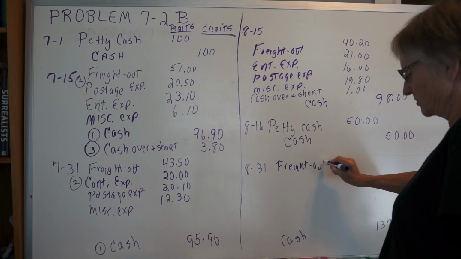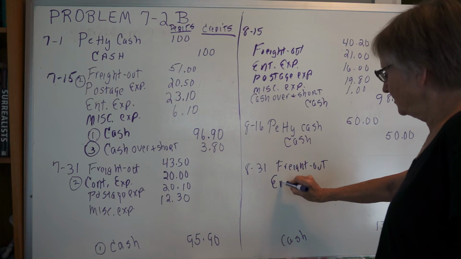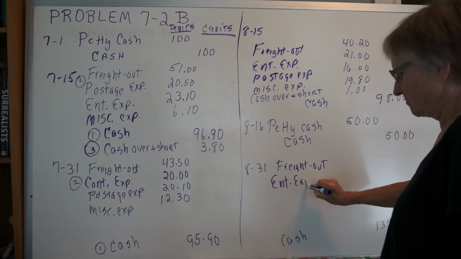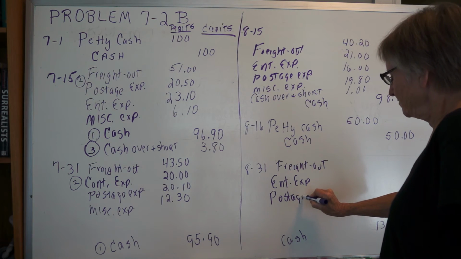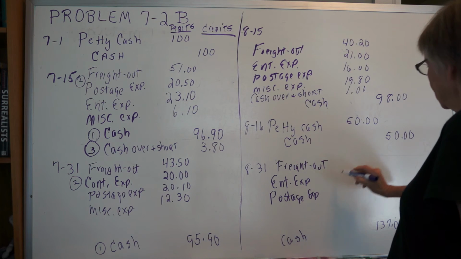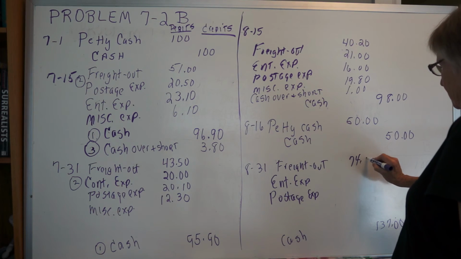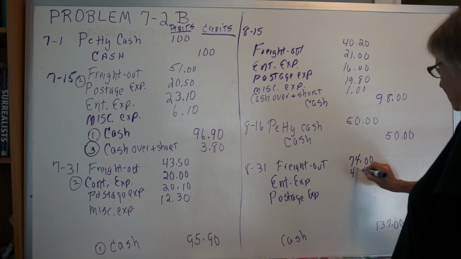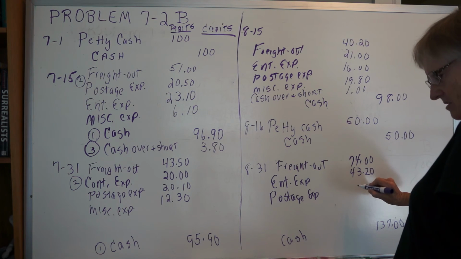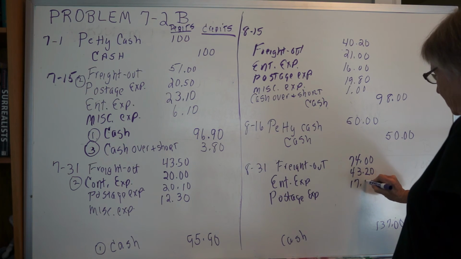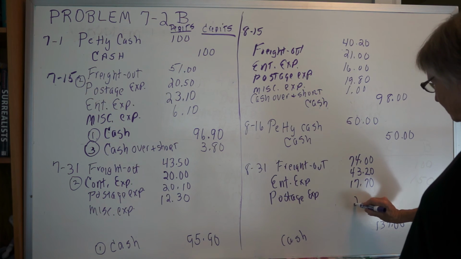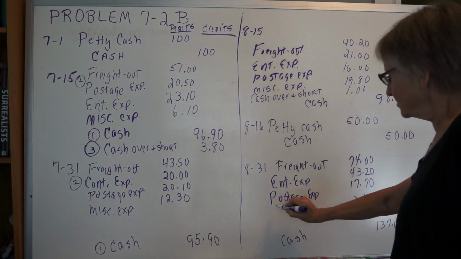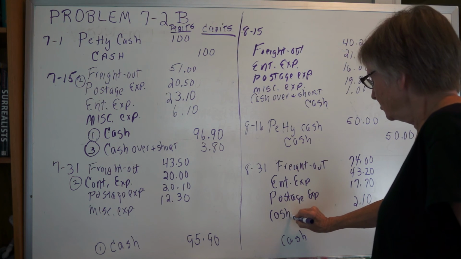We look at all our receipts. What have we got? We have more entertainment. We have some postage. And so we go 74 for the freight, 43.20, 17.70. And when we add these up, they don't quite come out even. We're $2.10 off, and that is our cash over and short.